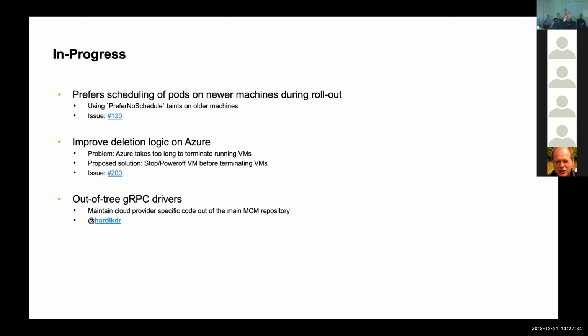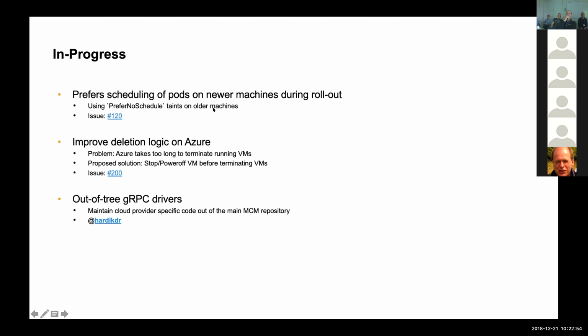Something that we are also working on is a new feature where, during machine updates, so machine controller updates during a rolling update, we plan to use PreferNoSchedule taints on older machines.